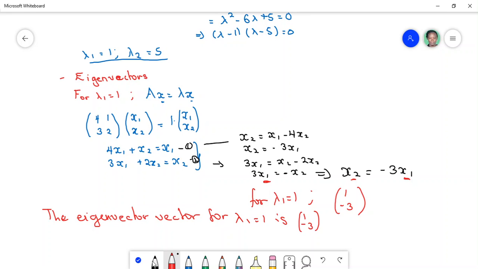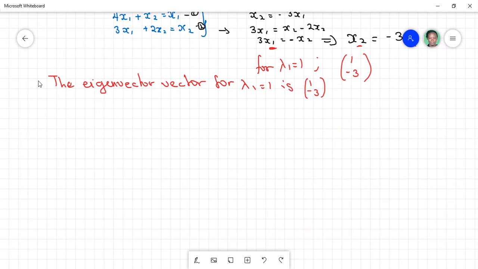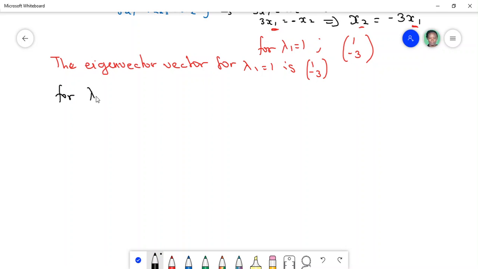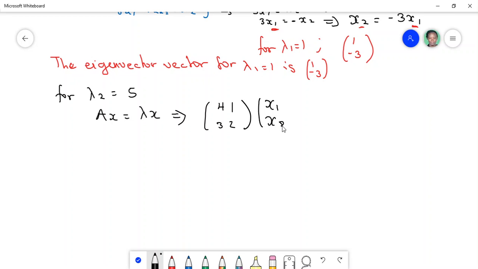Now let's find the corresponding eigenvector for lambda equal to 5. So for lambda 2 equal to 5, what do we have? We have AX equal to lambda X. This implies that A, which is 4, 1, 3, 2, times X1, X2 is equal to 5 times X1, X2.